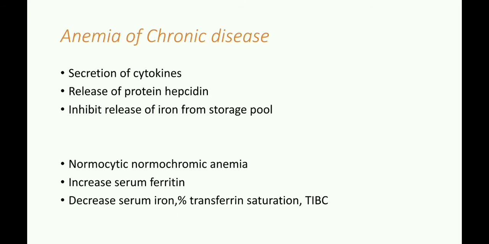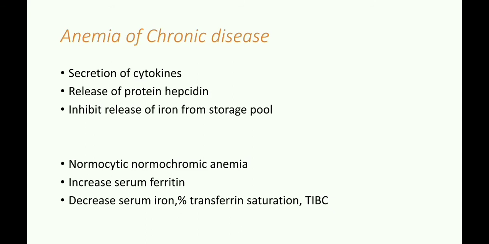So normally this iron comes into the bloodstream either by absorption from GIT or it is released from the bone marrow. But here what exactly is happening is, this hepcidin is the protein which is actually inhibiting this iron transporter, that is ferroportin.